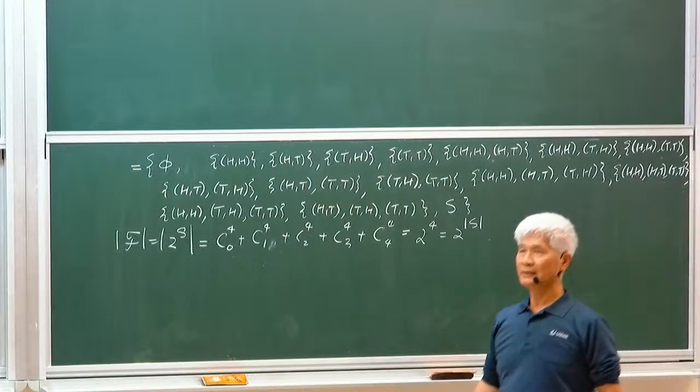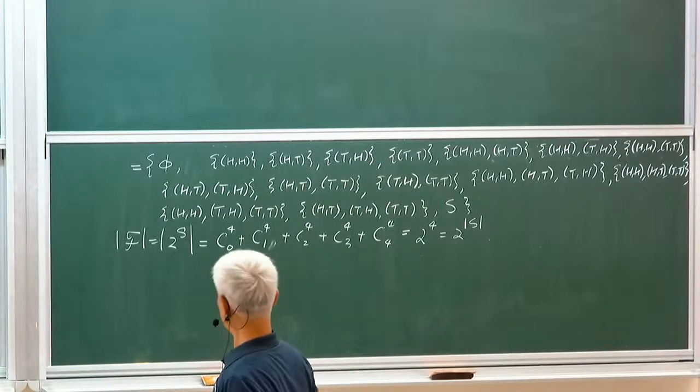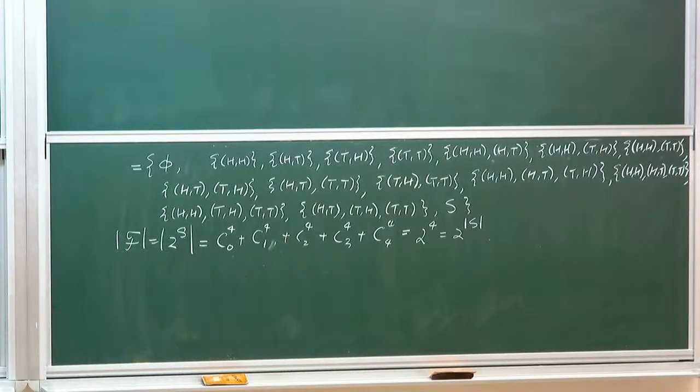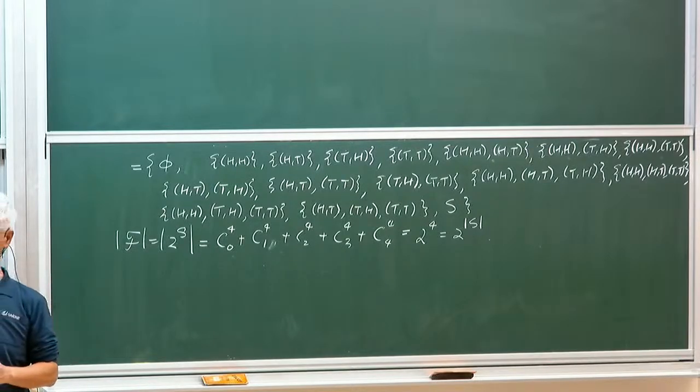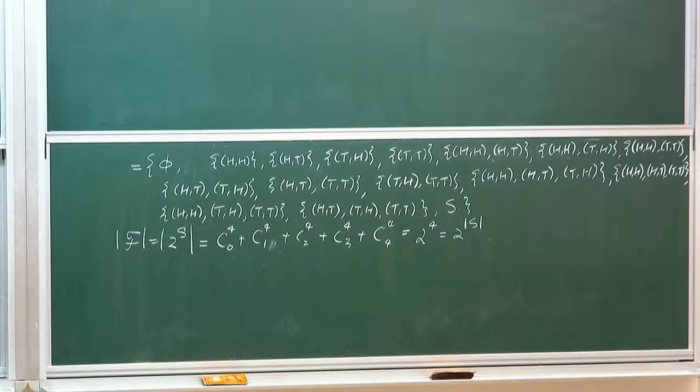Yes? Is that symbol F? Yes, F. F is the collection, because we want to collect all events of interest. What kind of events you are interested in, you can put them together. In this simple example, you want to collect all possible events, and every event corresponds to a subset of the sample space.